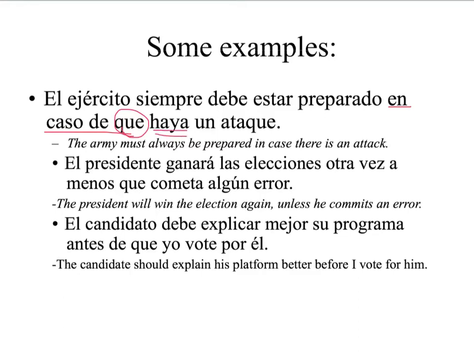El presidente ganará las elecciones otra vez a menos que cometa algún error. So here's our a menos que. Our que tells us that we need the subjunctive. Here is our verb in the subjunctive. El candidato debe explicar mejor su programa antes de que yo voté por él. There's our que, which tells us that we need the subjunctive.